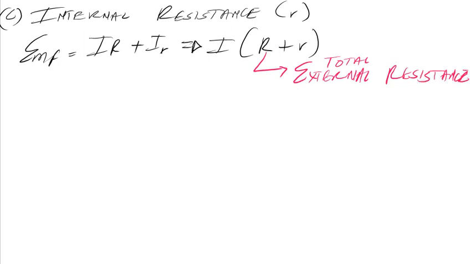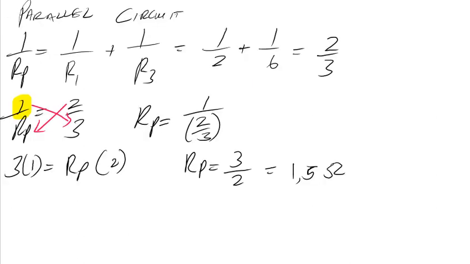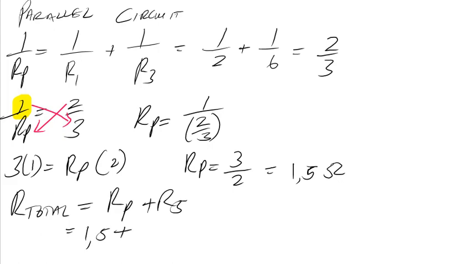Remember, previously we just calculated the parallel one. To get the series one, we just combine them, because there we need the total external resistance. So R total is equal to Rp plus Rs. You already know what Rs is. So we're going to say 1.5 plus 3.5, your Rs.